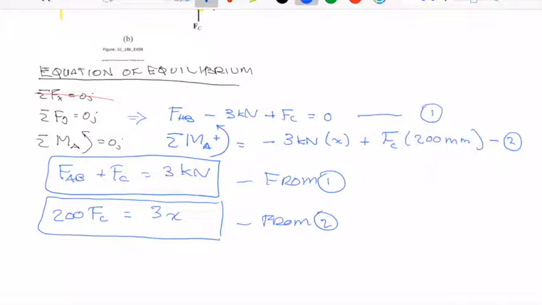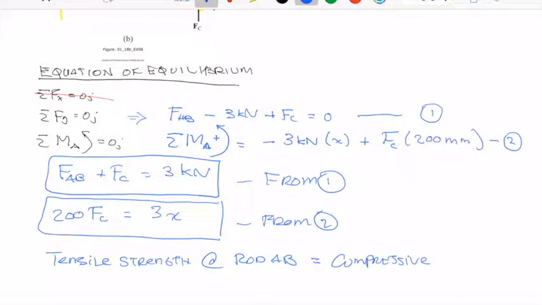Now the condition says that the tensile stress at rod AB must be equal to the compressive stress at point C. So now let's go ahead and equate that.